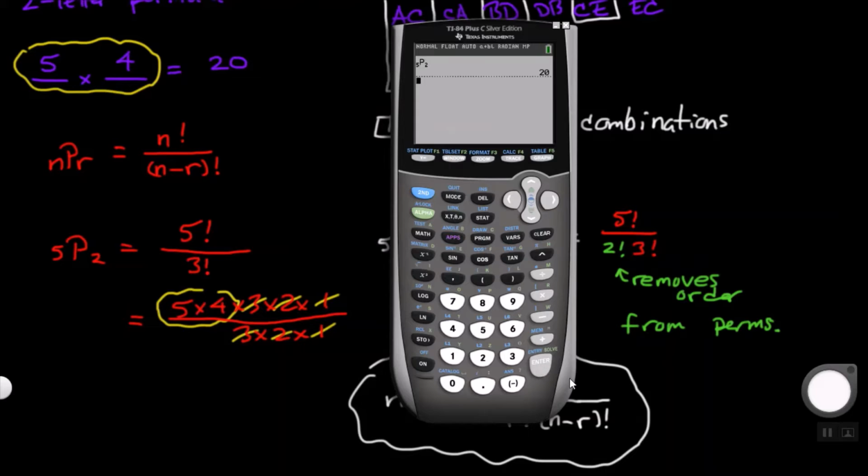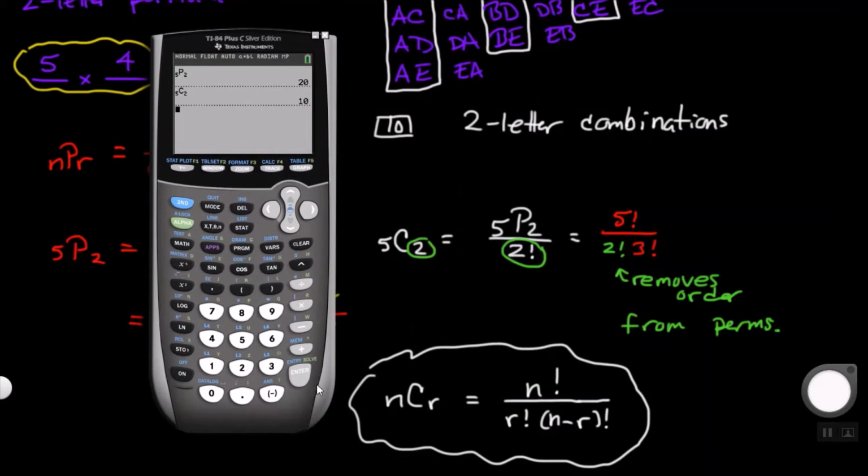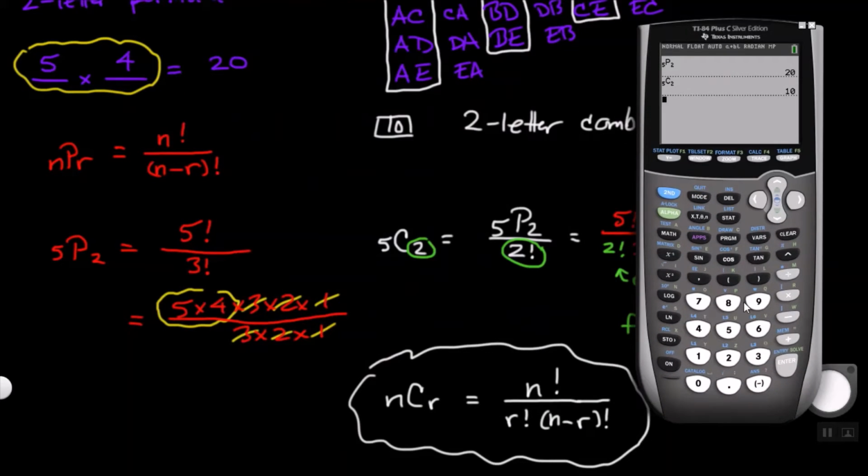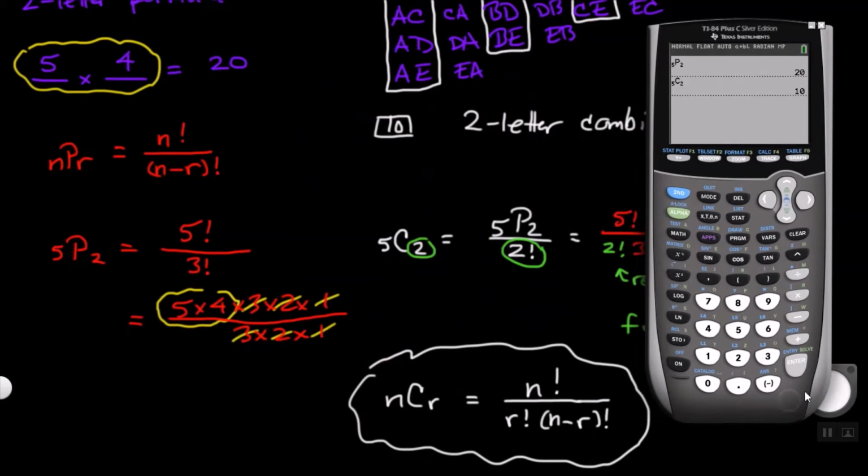So 2-letter permutations from 5 distinct letters is 20. If I go 5C2, of course we'll get exactly half of that, which is 10. So if you're wondering what your calculator is doing, of course it's using both the permutation formula, as you see here, and the combination formula that you see there as well.